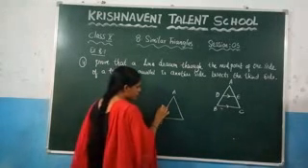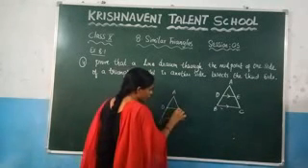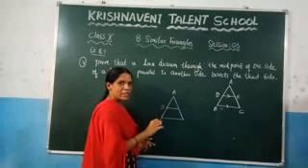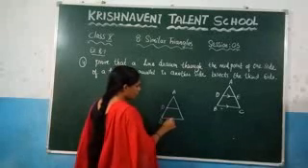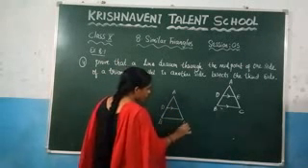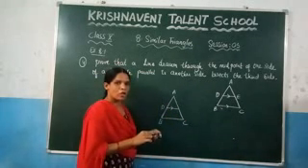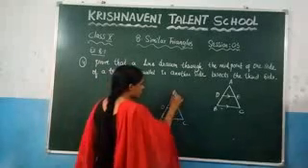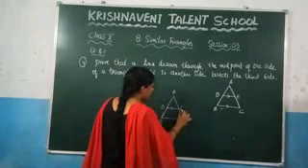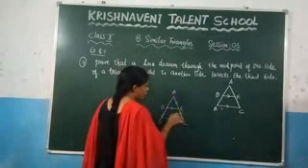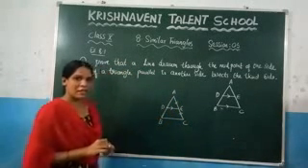I am taking here this D is the midpoint such that I am drawing here one line. And what they are saying here, that line should be parallel to the other side. Clearly this line is parallel to the other side. And what they are asking, what we need to prove? We need to prove here this AC will bisect at the point E. That means you need to prove here AE is equal to EC. This is the question they have given.